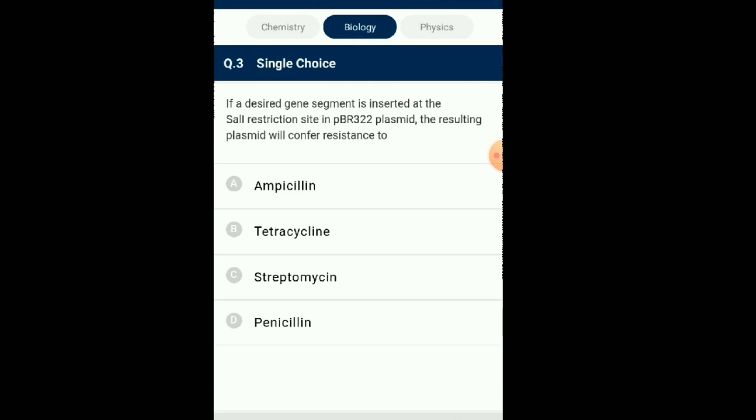Besides, this plasmid has a variety of unique restriction recognition sites for restriction endonucleases. Insertion of a DNA segment into the plasmid uses an enzyme. The answer for this question is option A, ampicillin.